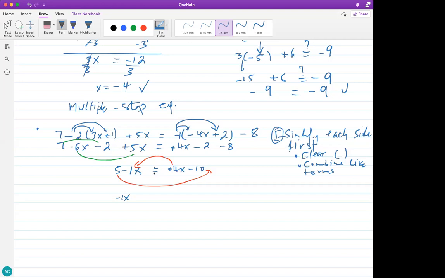Anybody want to try? Before we combine it, just the term itself, positive 4x, we just want to move it first. We're going to put it over here, but something about it changes when we move it to the other side of the equal sign. What exactly changes?